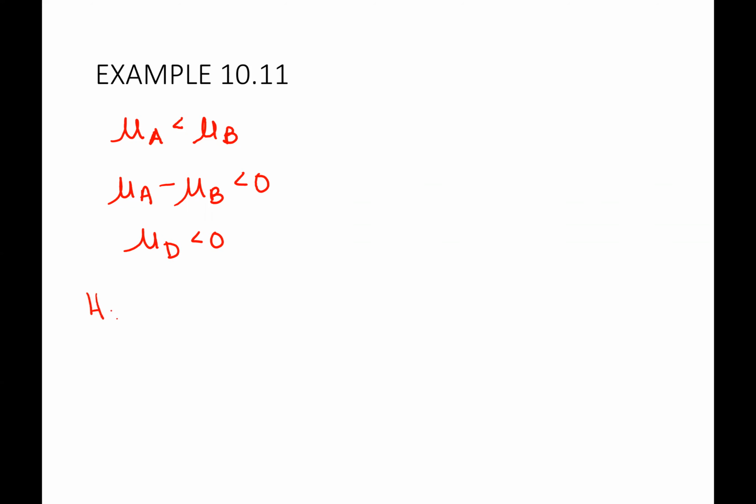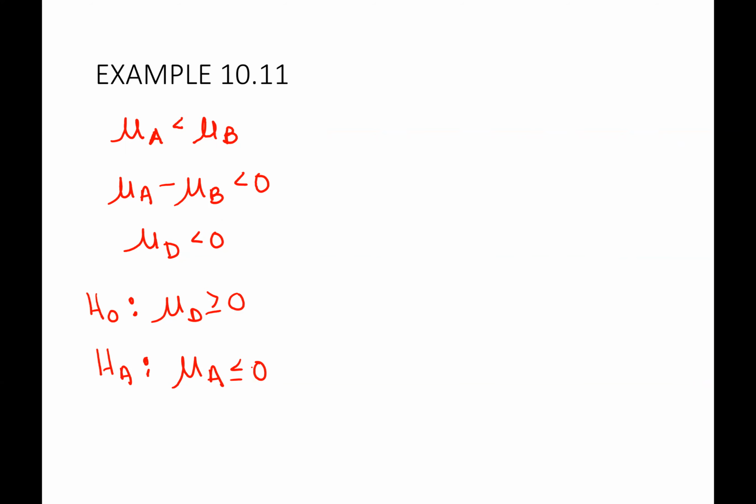So our null hypothesis will be that it isn't less than, and our alternative hypothesis is going to be that it is.